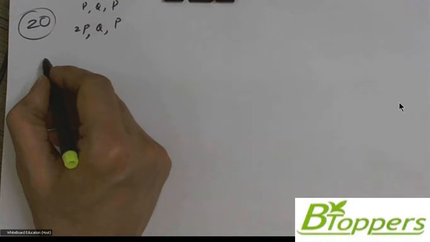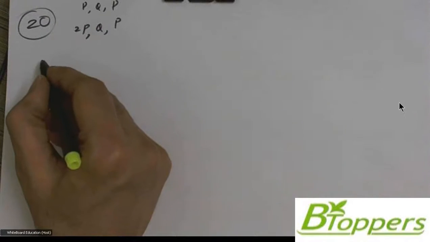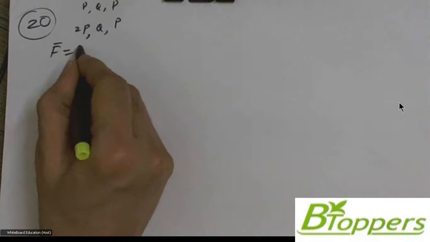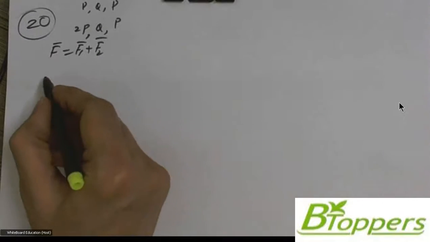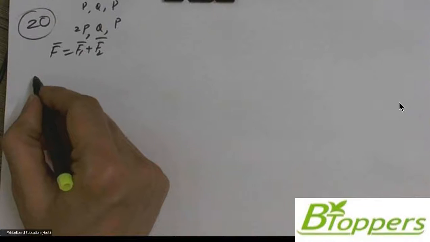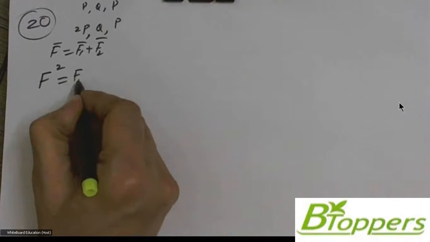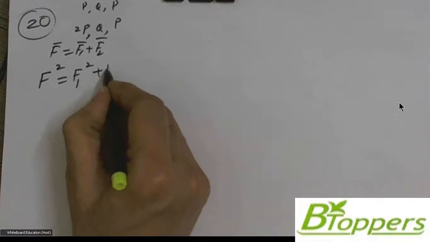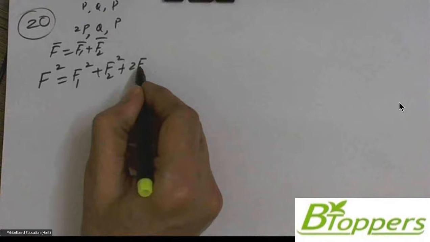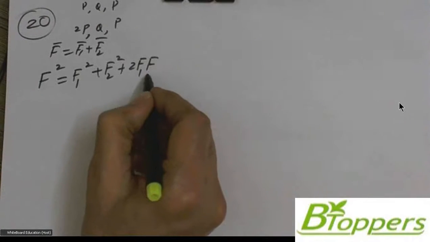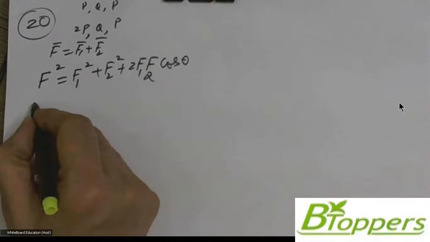In general, if F bar is the resultant of two forces F1 bar and F2 bar, then by using the parallelogram law of vector addition, you can write F square equal to F1 square plus F2 square plus 2 F1 F2 cos theta. Theta is the angle between the two forces.